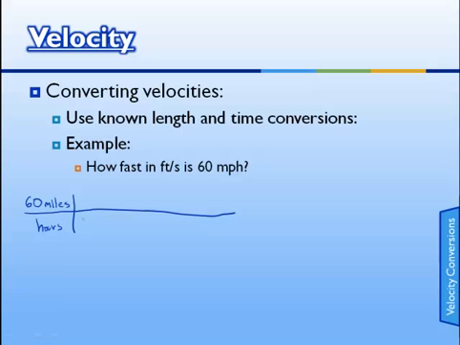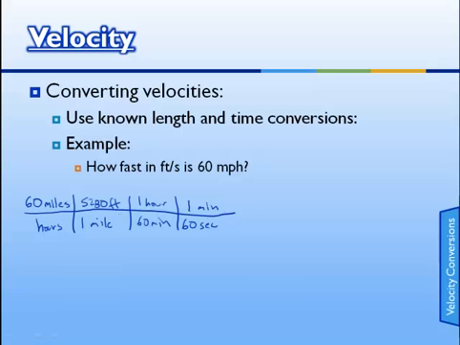To go from miles into feet, remember that 1 mile is 5,280 feet. And to convert hours into seconds, you can remember that there is 1 hour in 60 minutes, or 60 minutes in 1 hour, and there are 60 seconds in 1 minute.